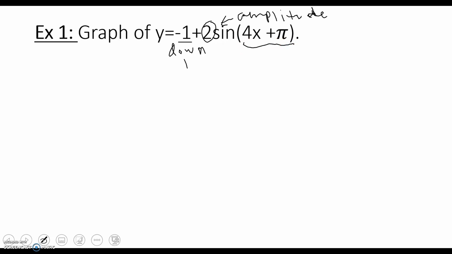We have to factor out that 4 to make it 4 times everything inside there with the x, okay? So if we factor out that 4, we're left with x plus pi over 4. How do I get that? Because I divide each of these by 4.